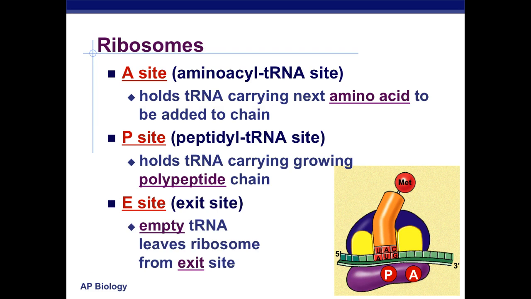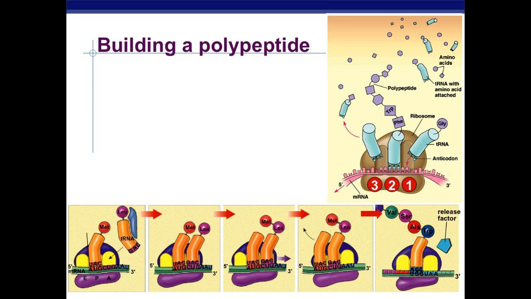And then you have the E site, which is the exit site, where the empty tRNA leaves the ribosome. So the tRNA will enter at the A, proceed to the P, and then exit in the E.